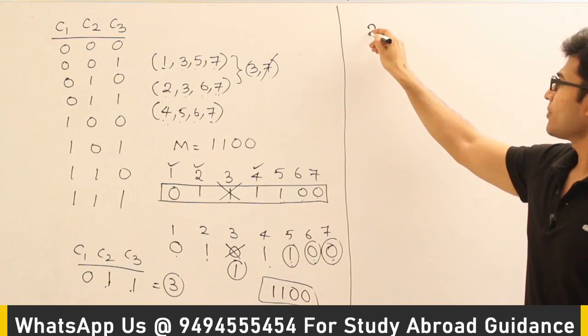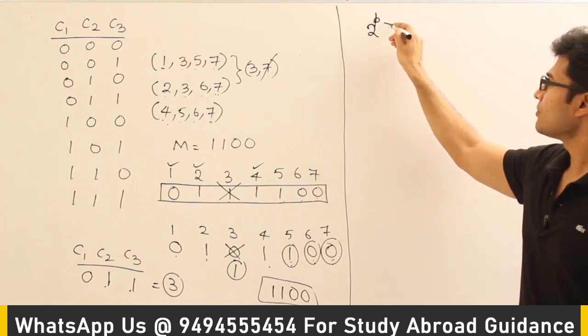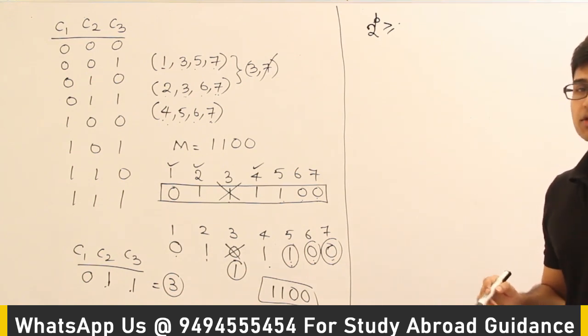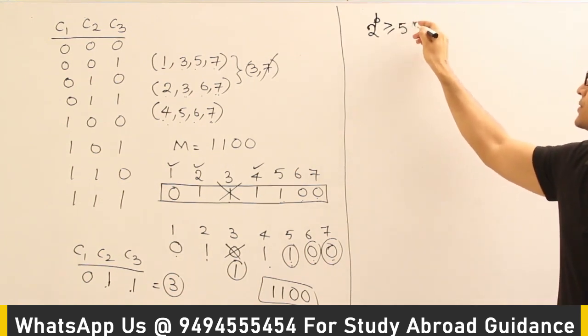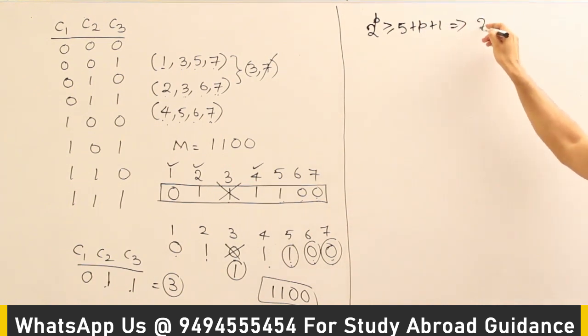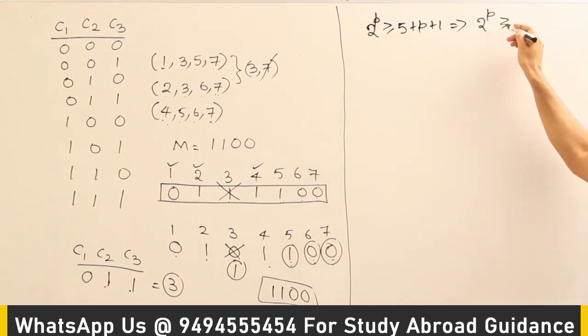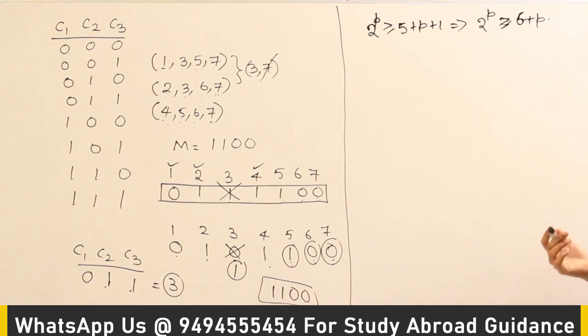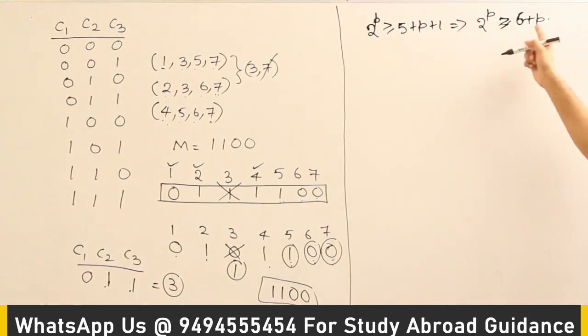Let us say the number of parity bits is p, then 2 power p should be greater than or equal to 5 plus p plus 1, that implies 2 power p should be greater than or equal to 6 plus p, right?